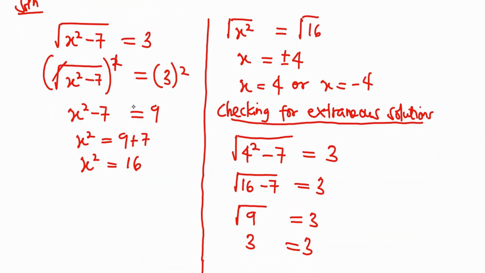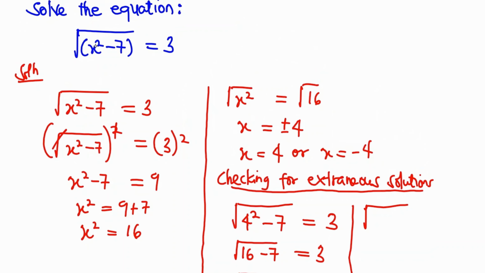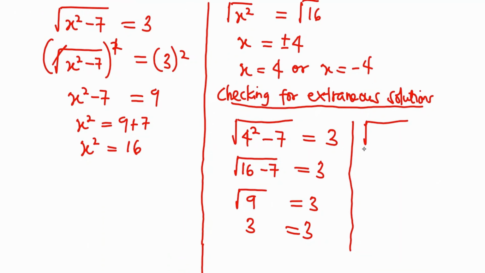Let's find out for x is equal to minus 4 in this case. We write our question, and wherever we see x, we substitute minus 4. So here that gives us minus 4 all squared, minus 7. We want to find out if indeed we get 3 here.